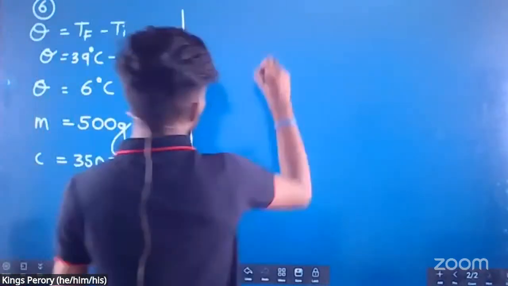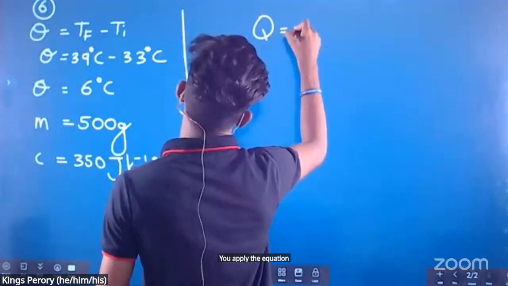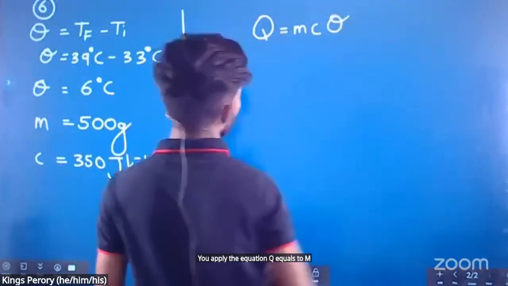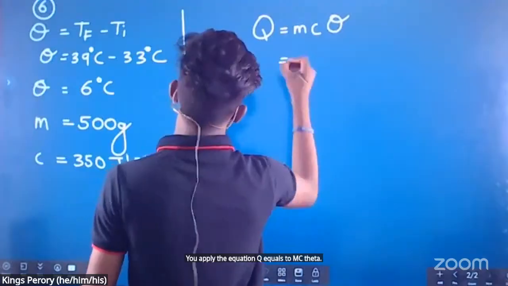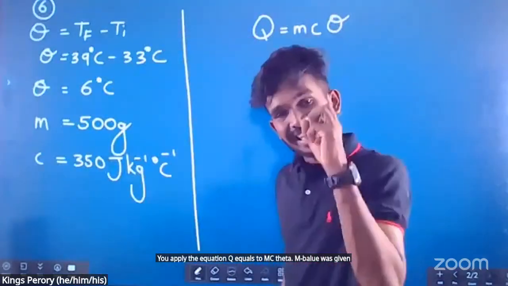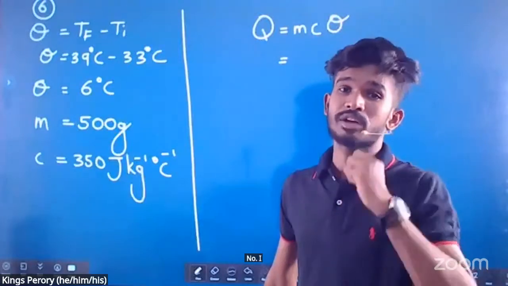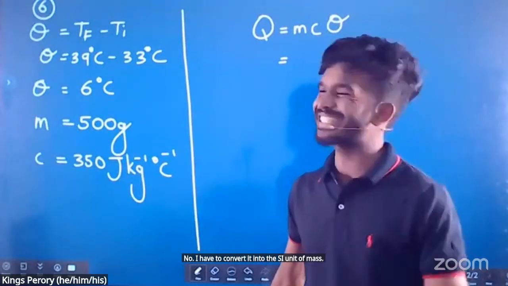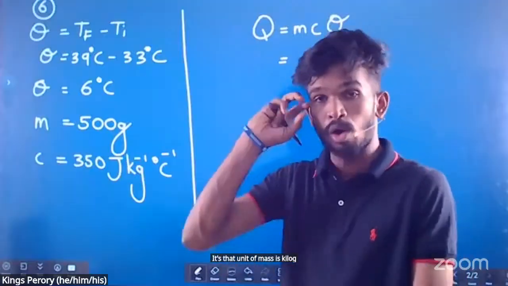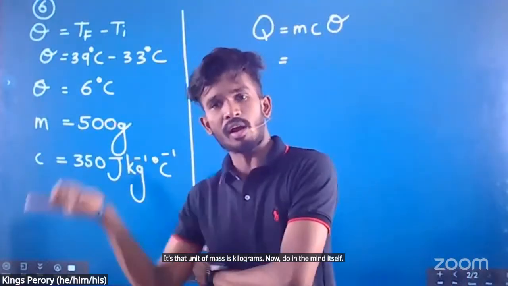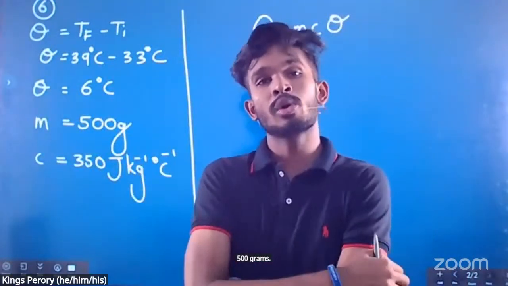You apply the equation Q equals MC theta. M value is given, 500 grams. Can I write it in grams? No. I have to convert it into the SI unit of mass. The SI unit of mass is kilograms. Do it in the mind itself. 500 grams, how many kilograms?